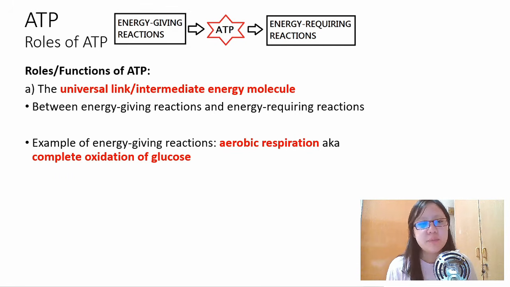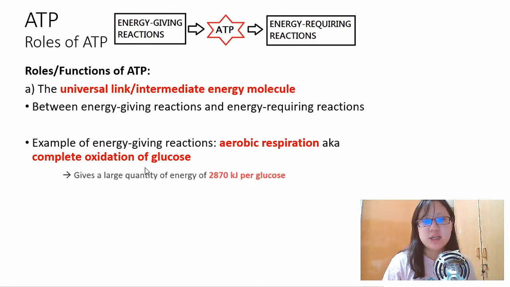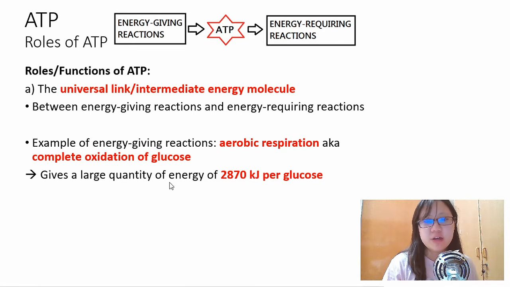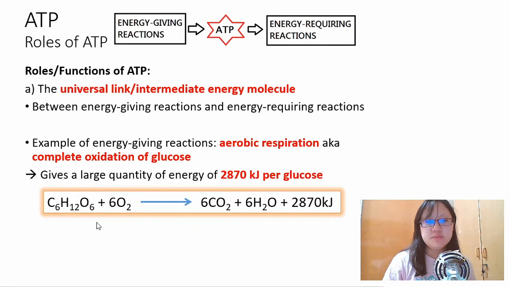Now, an example of an energy-giving reaction would be aerobic respiration, which we will do next video, okay? Aerobic respiration, the one we learn actually, is the complete oxidation of glucose, and it gives a very large quantity of energy. This is the chemical equation that you need to remember for the complete oxidation of glucose. Glucose here has 6 carbons.